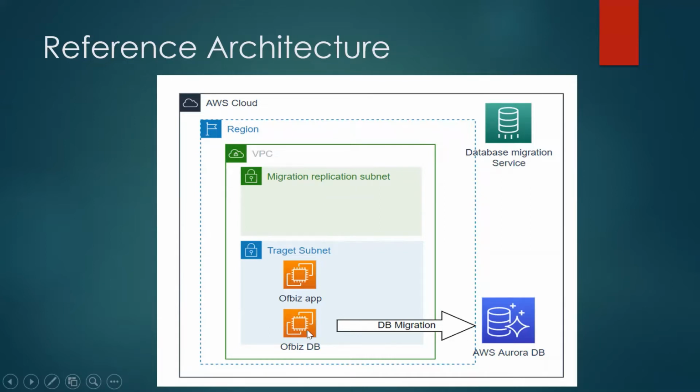We will migrate this database, which is on an EC2 instance, to an AWS managed Aurora DB. This is a sort of modernizing our infrastructure, or re-platform. You will get more clarity once we do that.